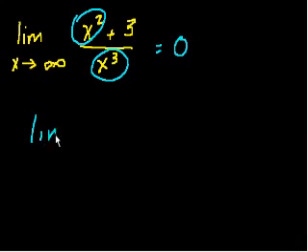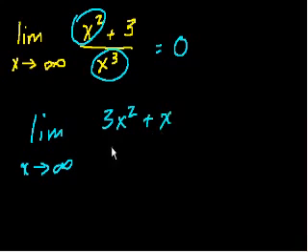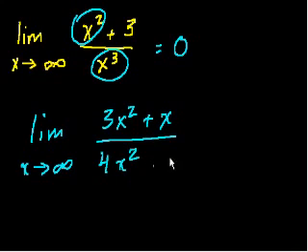The limit as x approaches infinity of, let's say, 3x squared plus x over 4x squared minus 5. These problems kind of look confusing sometimes, but they're really easy. You just have to think of what happens as you get really large values of x.